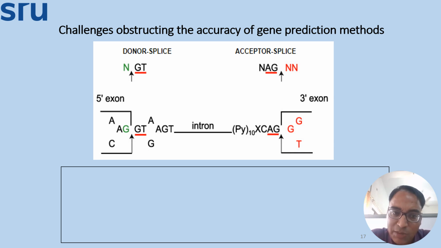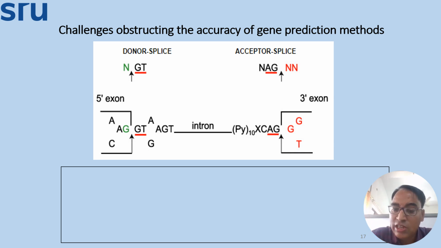GT, then anything can be there, an A or G followed by AGT; these bases start the intron. The intron ends with a pyrimidine tract: 10 bases of pyrimidine continuously, any pyrimidine, followed by any base, then CAG. This is the end point.